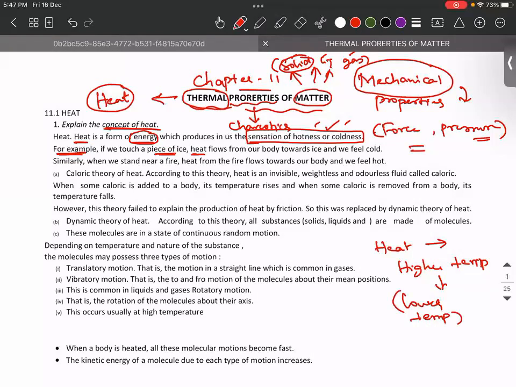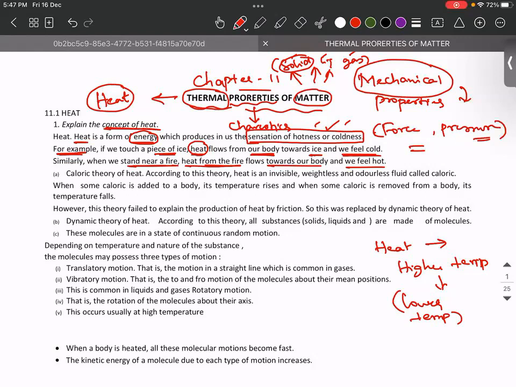So having said this, when you touch ice, heat is actually flowing from our body towards the ice, hence we feel cold. Okay. Similarly, the other example, when we stand near a fire, what is going to happen? Obviously, heat from the fire will start flowing towards our body. That is why we feel hot, right? This is something which is known to us, right?